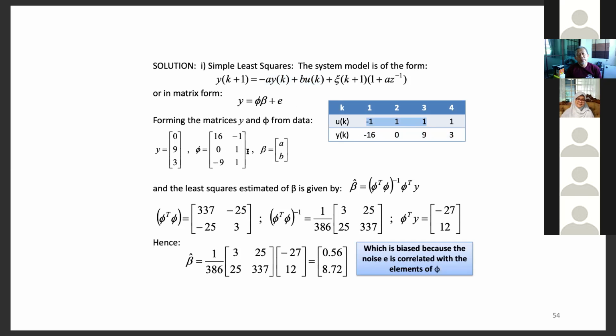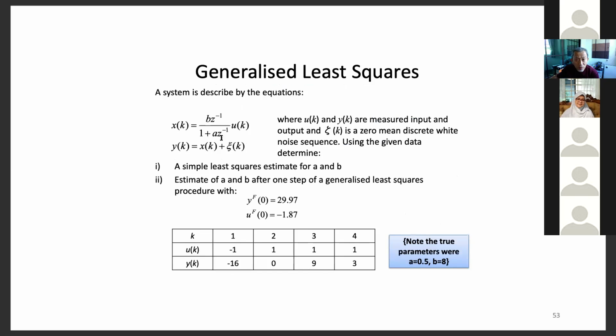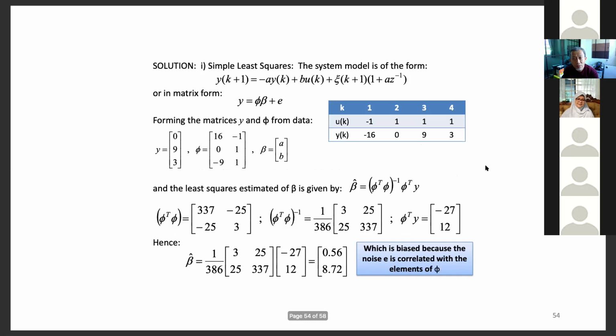Then beta, you leave it as the value that we are going to estimate in this model, A and B. The least square estimate is given by here. Of course you have to remember this formula, brothers and sisters.